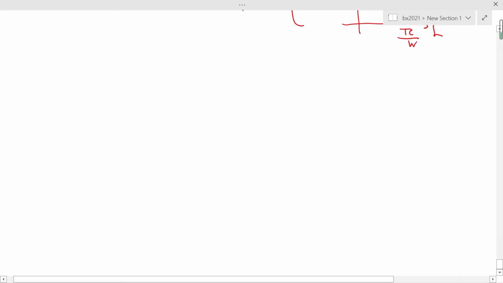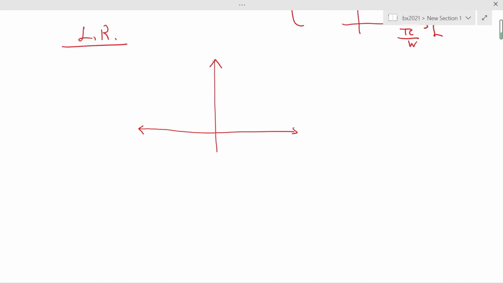Let's keep going. So we are going to use the isoquant and isocost that we derived last week. And now I'm going to look at the long run first, which means both capital and labor are freely adjustable.